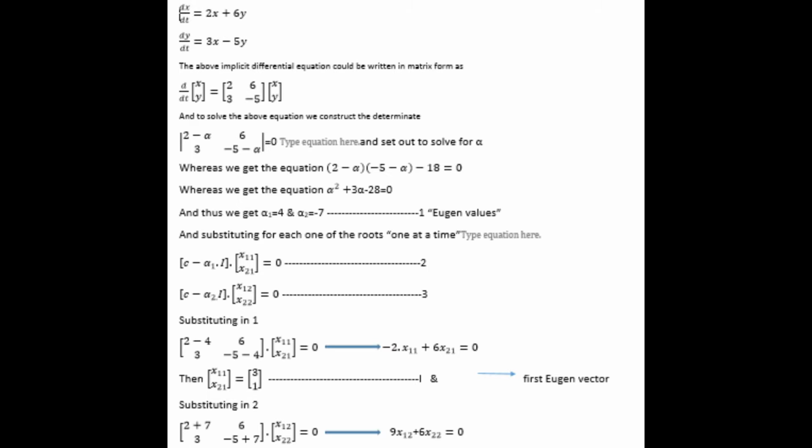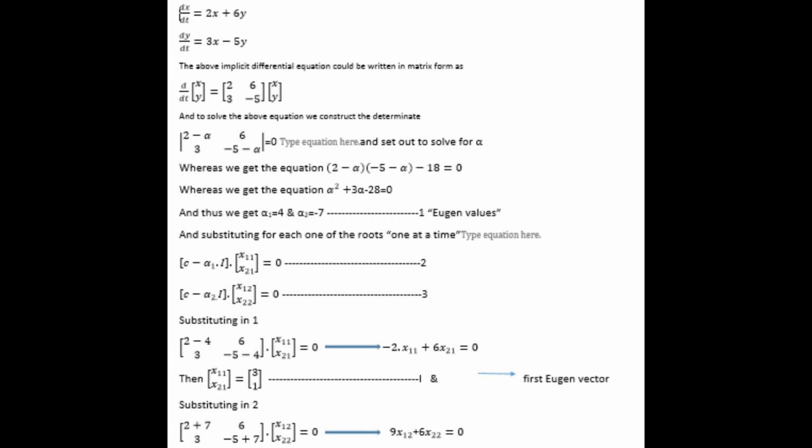And from this first relation we get the equation minus 2 into x11 plus 6 into x21 equals 0. From this last relation we can put it into the matrix form x11 x21 equals column matrix 3 over 1.